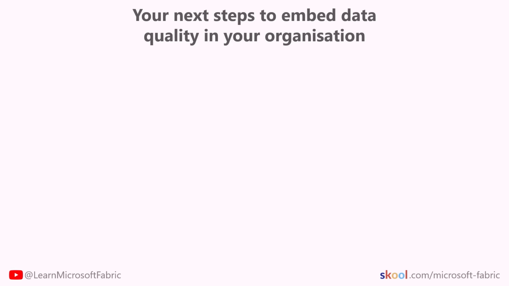So just to summarize here, what are the next steps that you can implement to embed data quality and data validation in your organization? Well, it starts by putting data quality right at the heart of your Fabric data strategy. I think it is so important that you really get a handle on data quality, as the foundation for everything that you do in Fabric.